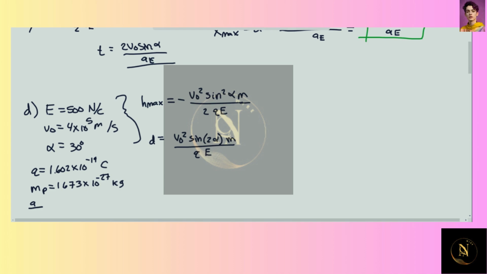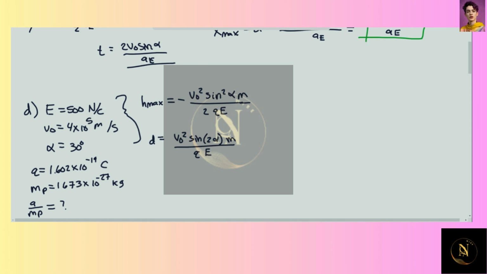Or if you know the charge to mass ratio of the proton, whatever value that is, you can also sub that in, put that into the denominator, since this is Q over M. If you take this back to the denominator, you can do that as well.